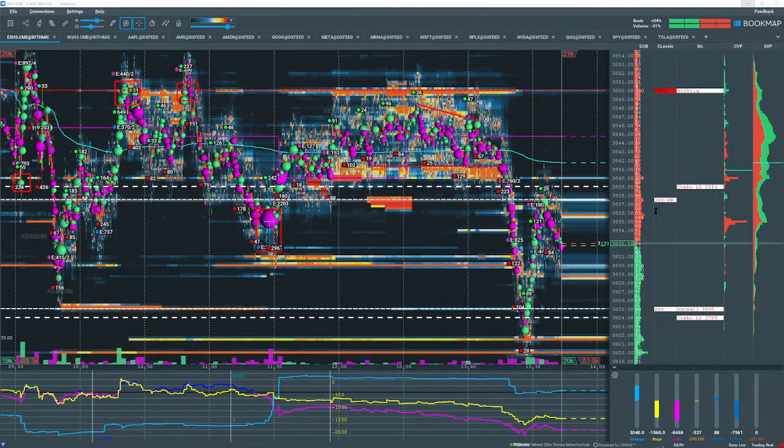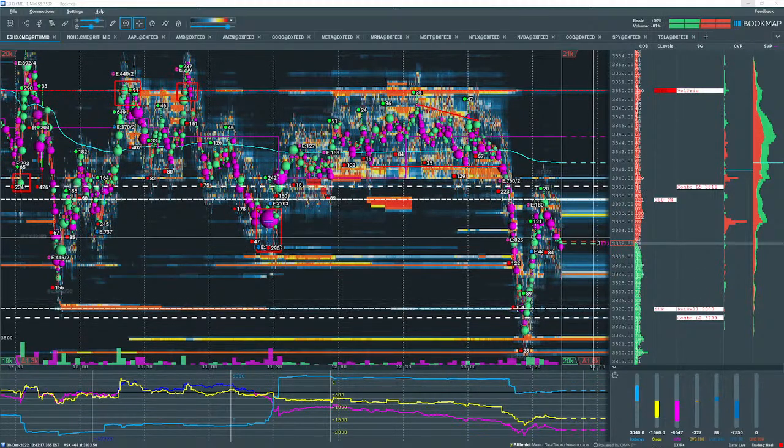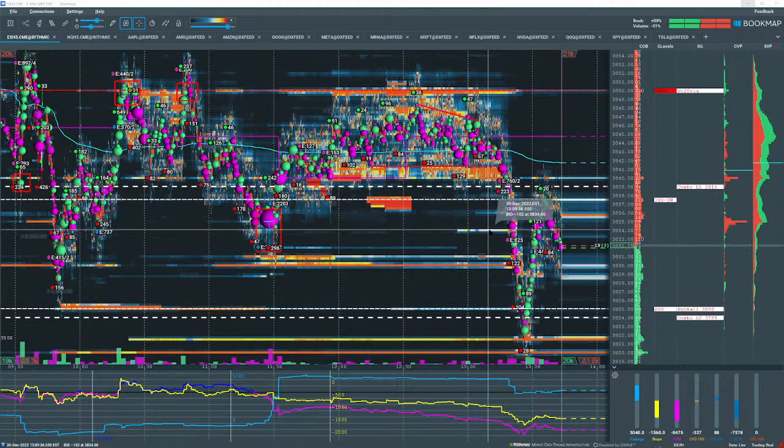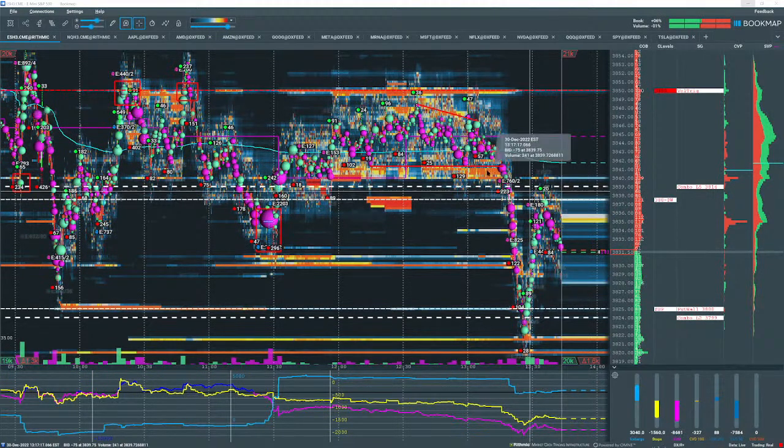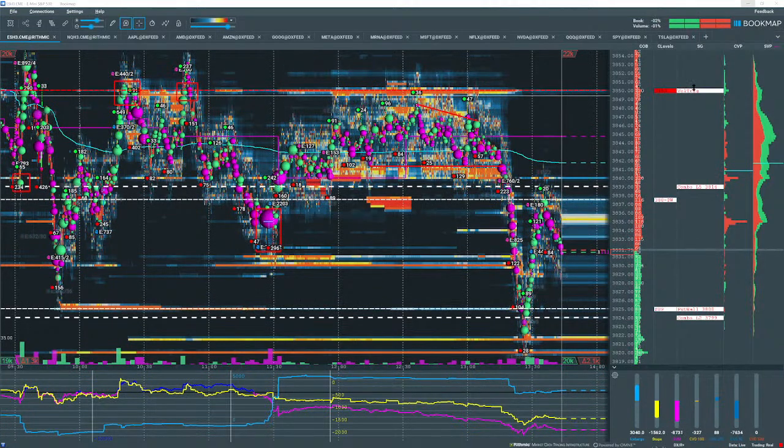So I'm talking about the 380 put wall and the 3,800 put wall being in play, and especially the 380 put wall. And all the volume is concentrated between that level again and the volatility trigger.